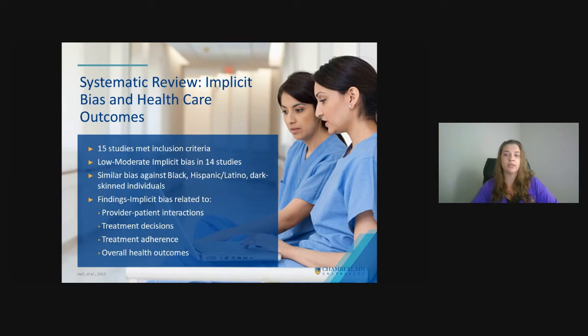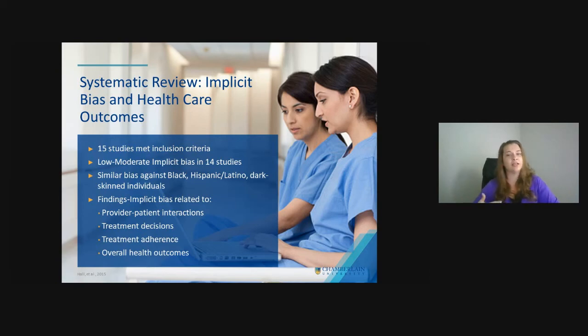So earlier we talked about implicit bias being prevalent in our population, and that same prevalence exists within our healthcare system. The key findings indicate that implicit bias is most noted in provider-patient interactions and overall health outcomes.